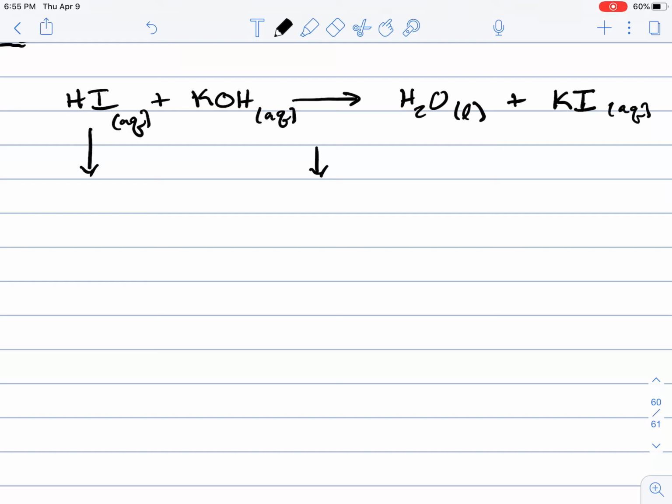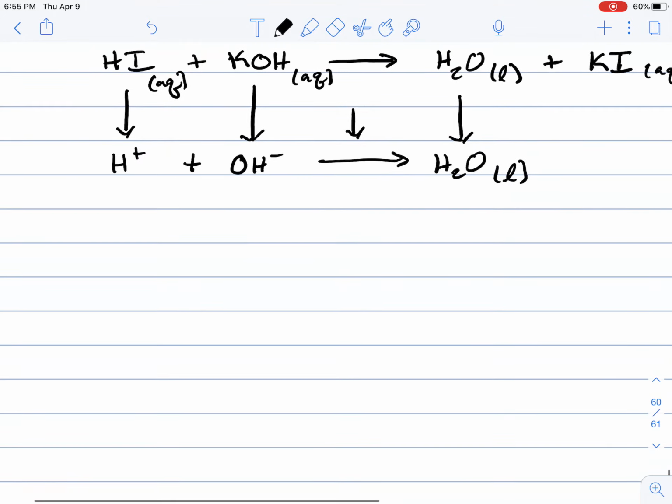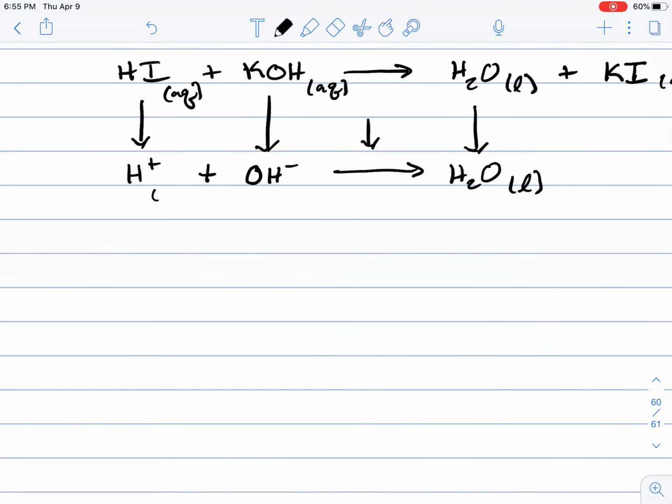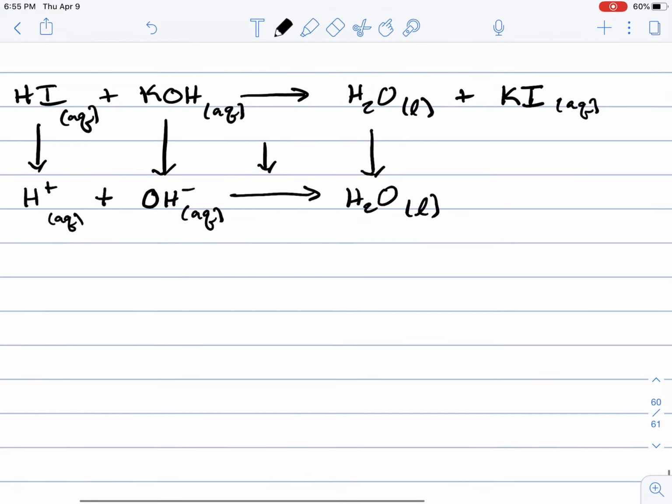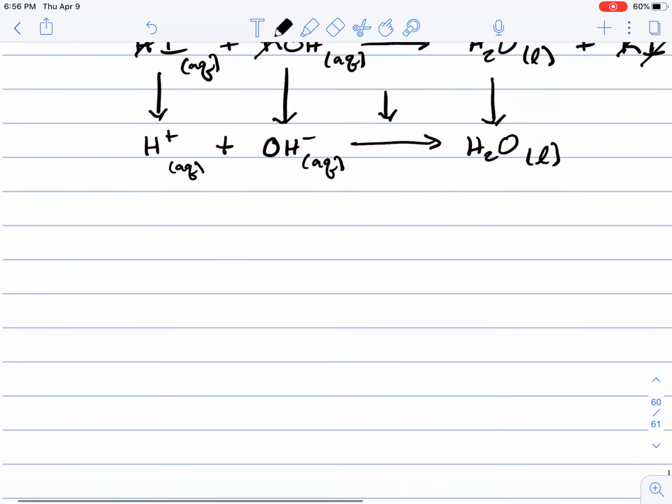So this is going to be simply H+, my hydroxide, and since I produce water, this would be my reaction. In other words, potassium and iodide are spectator ions, so I don't really need to include them in my equation.